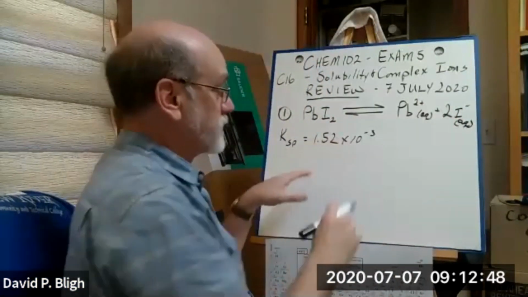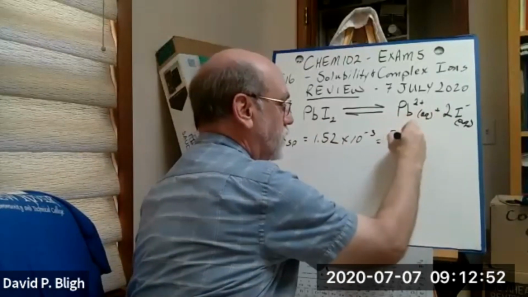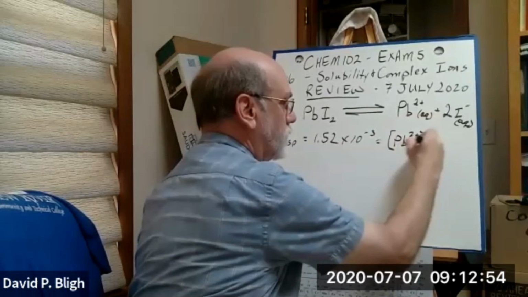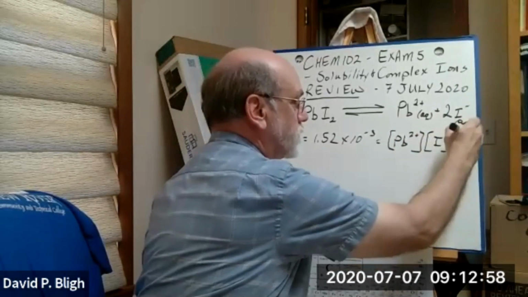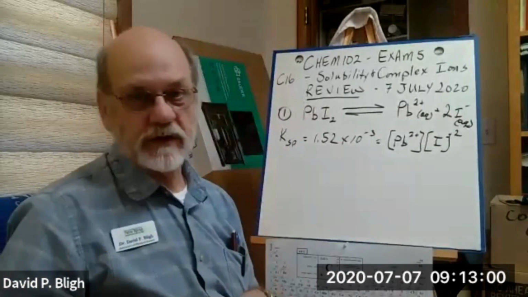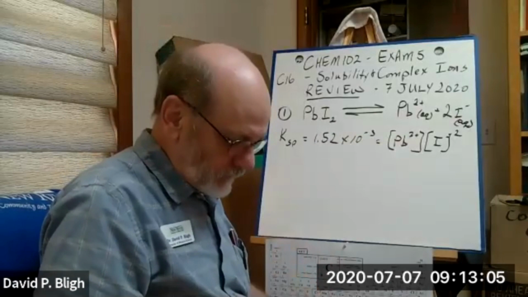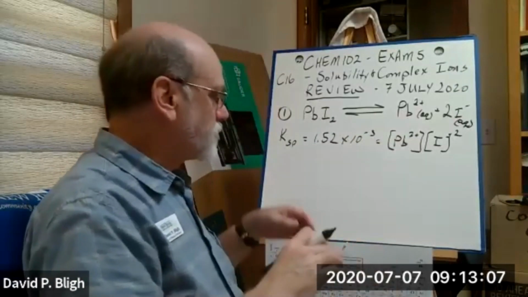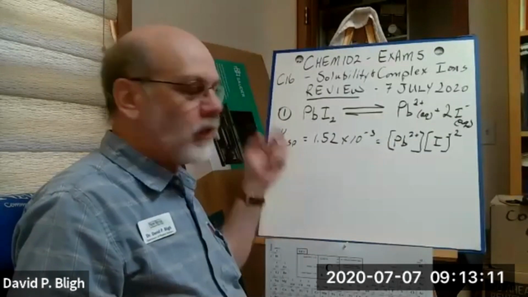Then the expression, the solubility product, would be this one times that one. But this one would have to be raised to the second power because of its coefficient. So there's our expression. And what we're looking for is the molar solubility.